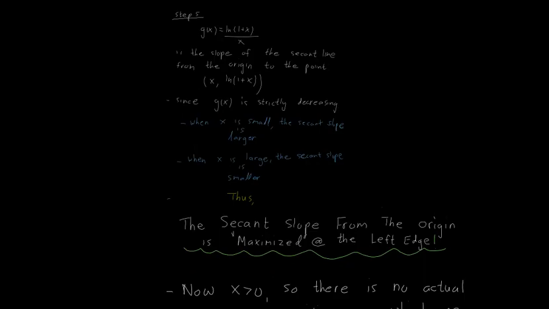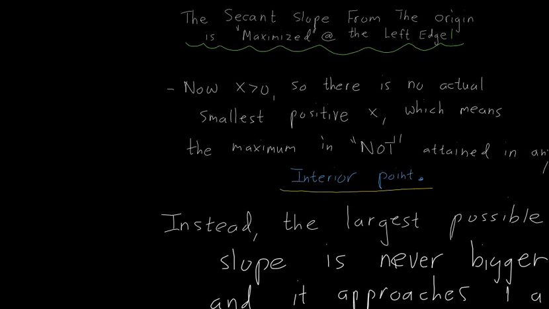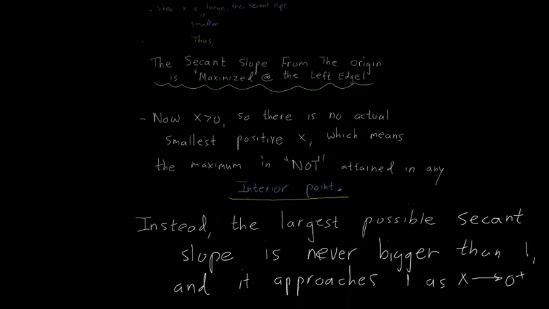So when x is small, the secant slope is larger. When x is large, the secant slope is smaller. So the secant slope from the origin is going to be maximized at the left edge. Think about it. It has to be maximized on the left edge.